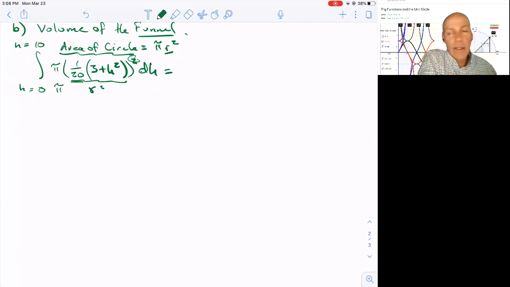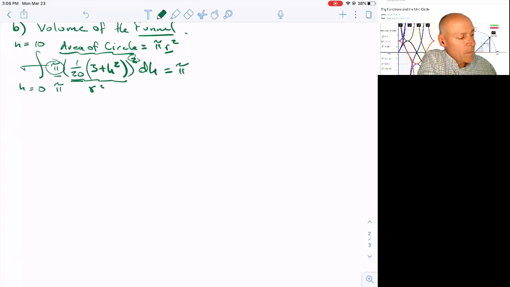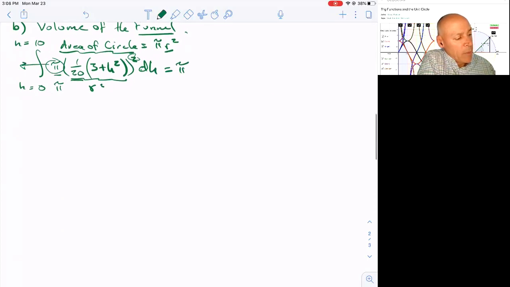if we go to evaluate this, just FTC part 1, maybe one thing we can do is take care of the constants here. So we got pi, we can pull that out, so we have pi outside our integral. Then we're also going to have the 1/20th squared.